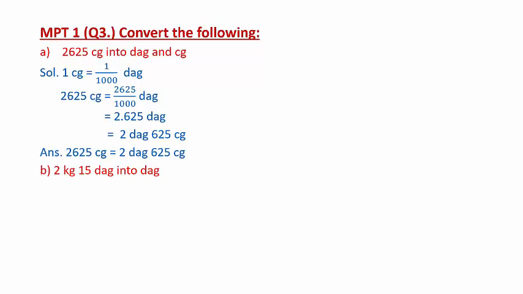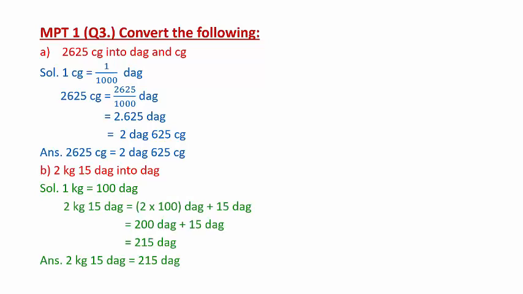So we need to convert 2 kilogram into decagram and add 15 decagram to that. Kilogram is a bigger unit and decagram is a smaller unit, so we will multiply here. The operation will be multiplication and the relation between kilogram and decagram is 1 kilogram equals 100 decagram.